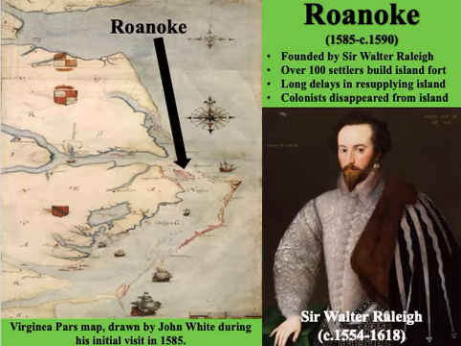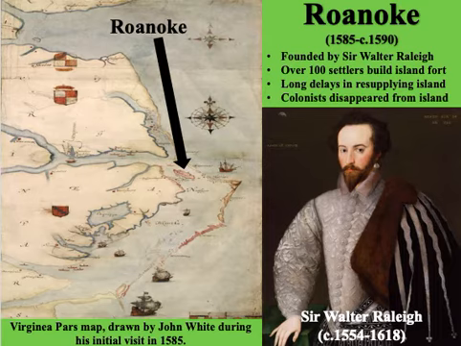The first attempt by the English to create a colony in the New World was off the coast of what we would call North Carolina today, at Roanoke. This was led by Sir Walter Raleigh, who led over 100 settlers to build an island fort there. They set up on one of these Outer Bank islands of North America.